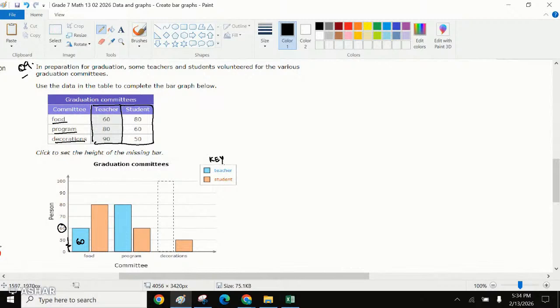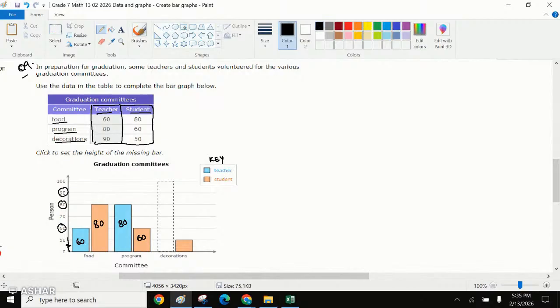Okay. So there were 60 teachers who opted to volunteer for food, 80 students. Then 80 teachers for conducting the program, 60 students for conducting the program. Decorations was 90, right? 90 teachers.